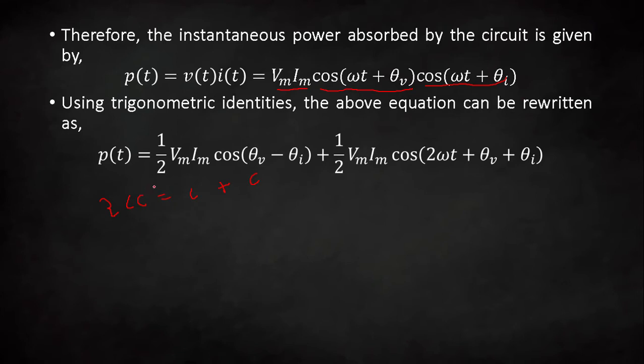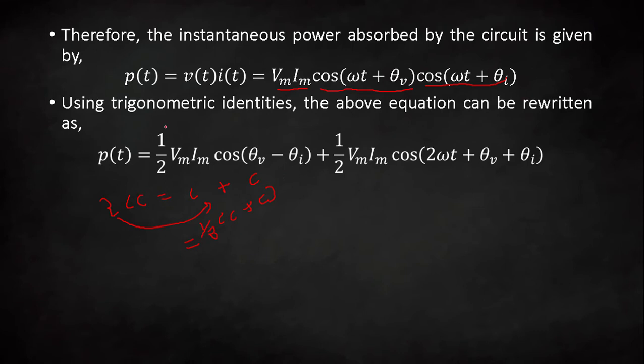Looking here, there is a cosine multiplied by a cosine, but this 2 is not here, so if we take this 2 to the other side, it will be 1 by 2 times the sum of cosines. Don't worry about the angles right now, I'll explain.